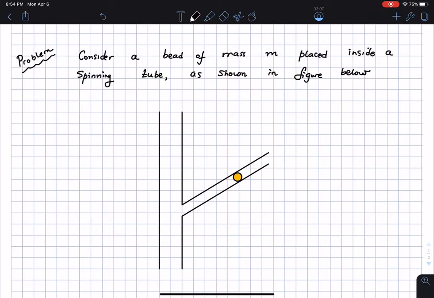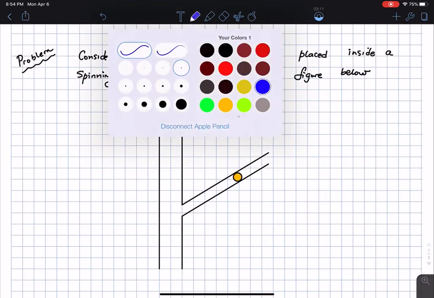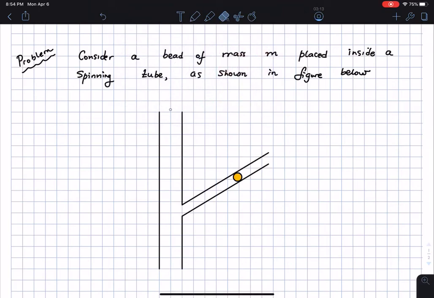Now this tube is spinning about the vertical axis, so let me draw a vertical axis here, using dotted lines.